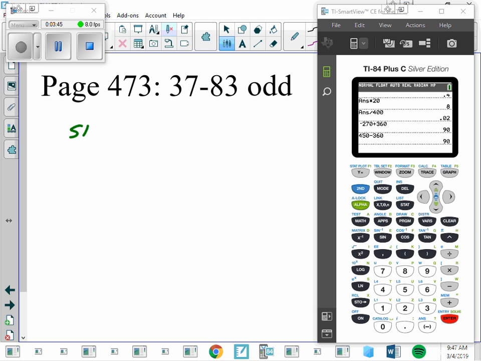So if I had the sine of 540 minus the cosine of 1080, what is that going to be? Well, 540 minus 360 is 180.